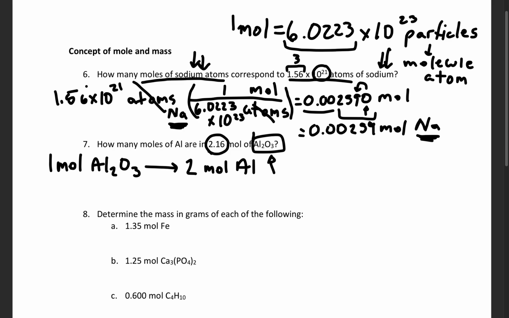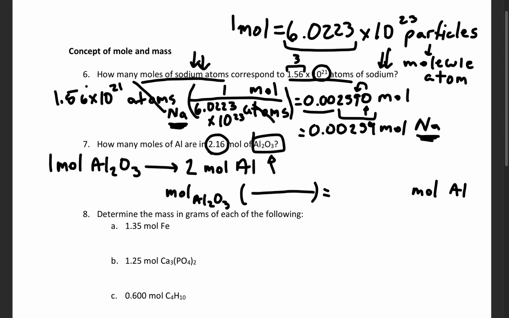So if I said, okay, how many moles of aluminum are in moles of aluminum oxide? So I'll go moles of aluminum oxide. And then I need a conversion factor that gets me to moles of aluminum.